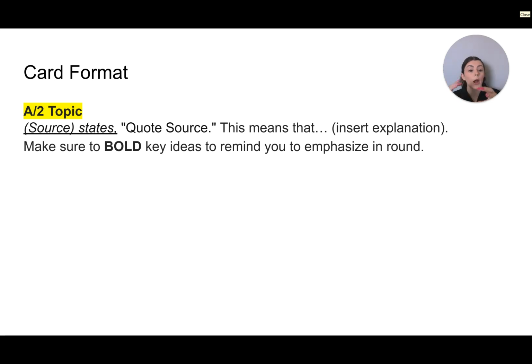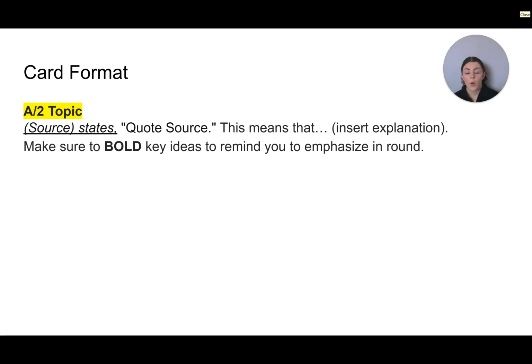So this card, or this rebuttal, is going to be what I say against my opponent who talks about equations or the Pythagorean theorem. So I have source. I usually italicize my source and underline, and I hyperlink it as well, which you can do on a Google Doc. If you don't know how to do that, you can look it up, ask a teacher, or ask me in the comments, and I can make a quick video about that as well.